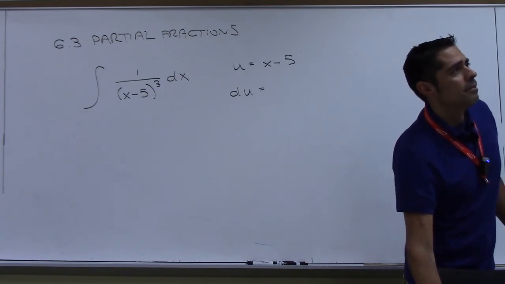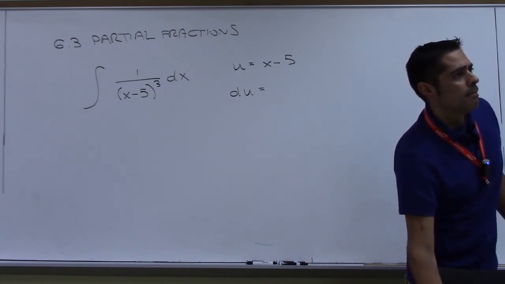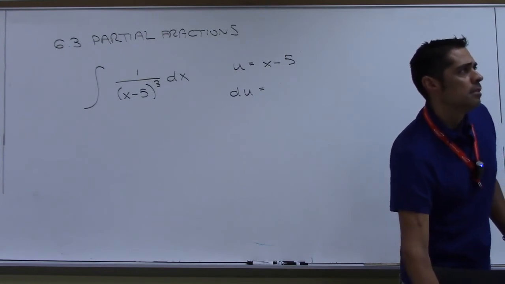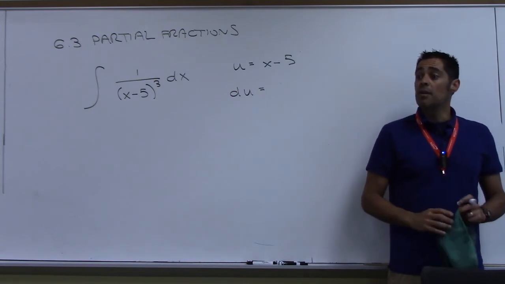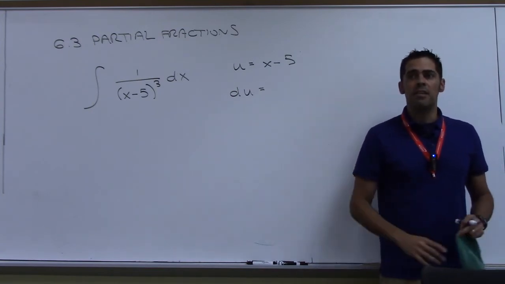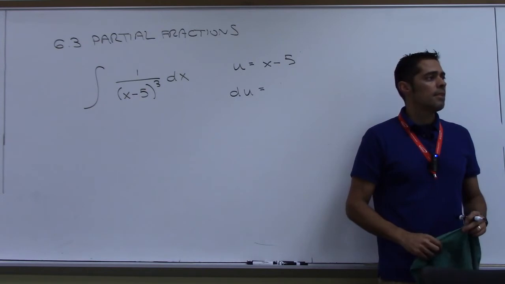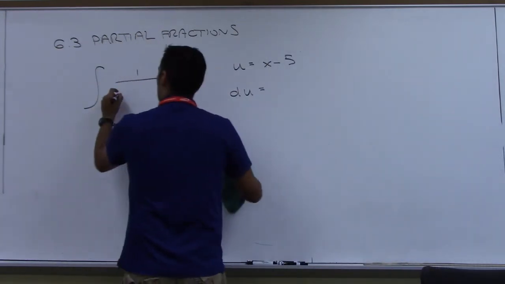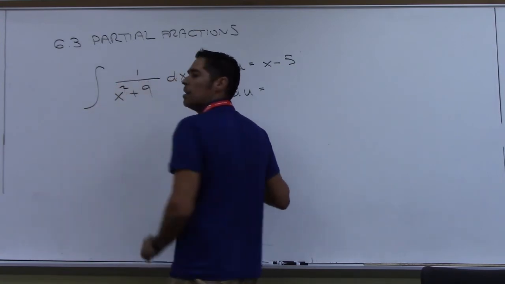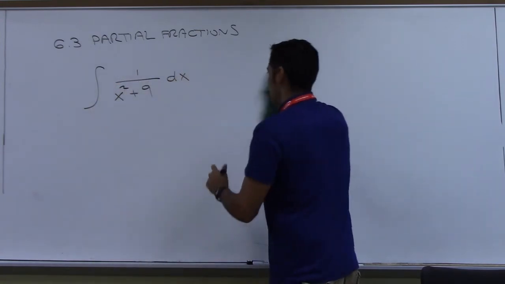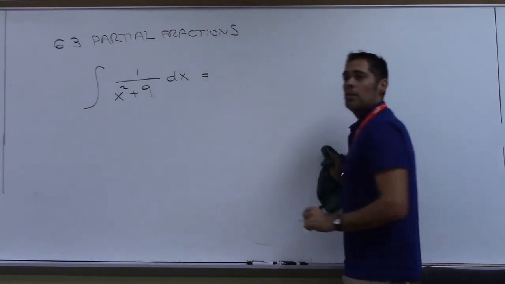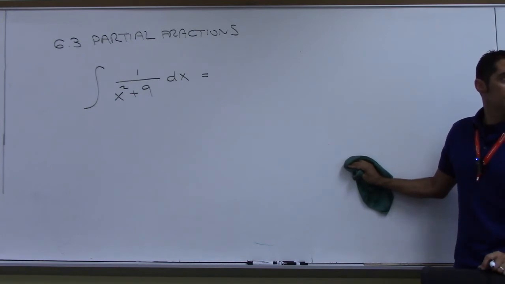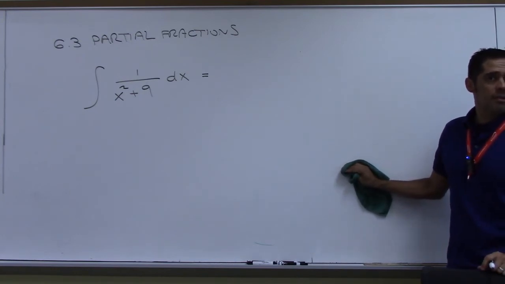How about number 5? That's formula 17 exactly. You have x squared plus 9. Let's go ahead and use the formula since it's our first example. Formula number 17 tells us that we need to identify what a is. What's a for us here? 3.